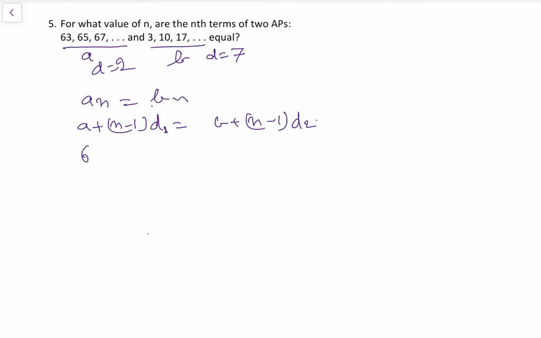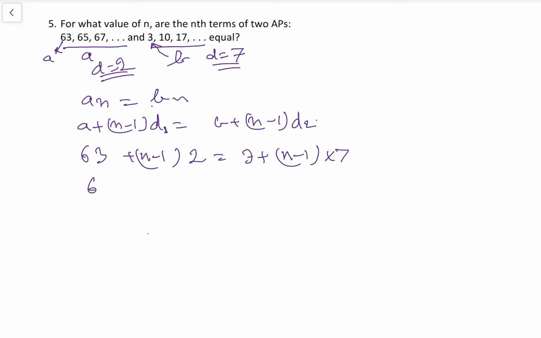Here A will be 63, plus n minus 1 and D is 2. 65 minus 63, which we already know D is equal to 2. B is 3, 3 plus n minus 1, D is 7.